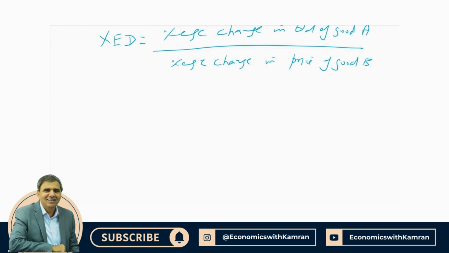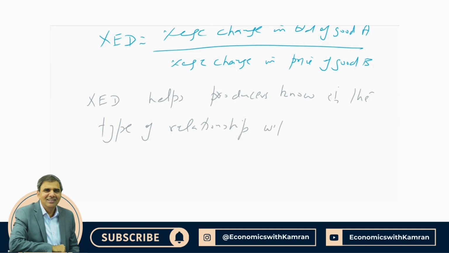So what help does the knowledge of cross elasticity of demand provide to a producer of smartphones? Cross elasticity of demand helps producers know, one, the type of relationship with other products, that is, either your products are substitutes of other products, or your products are complements, or they are unrelated.